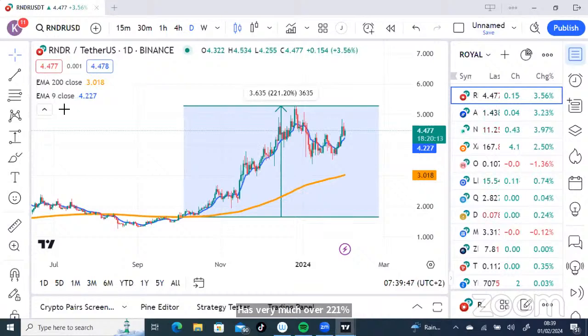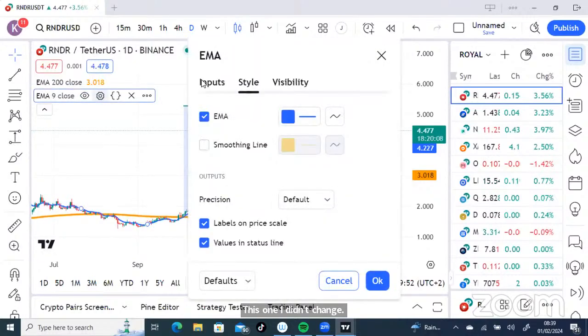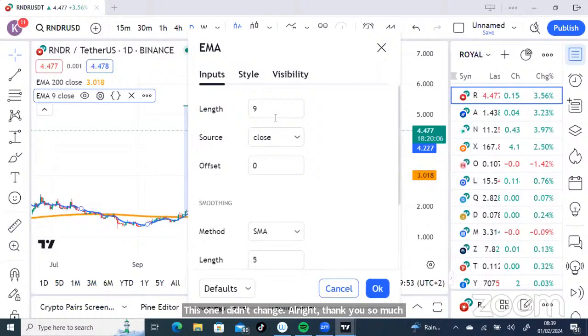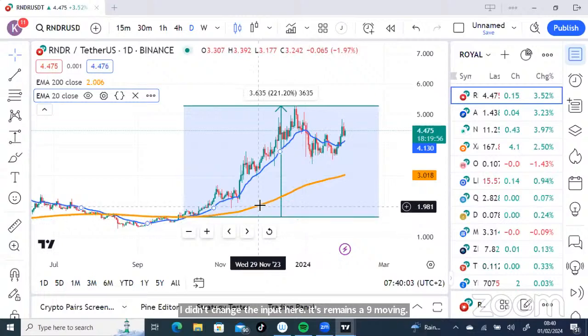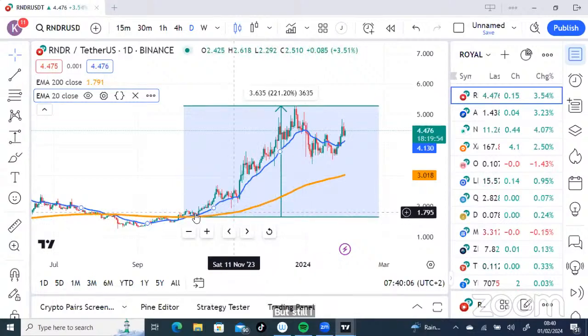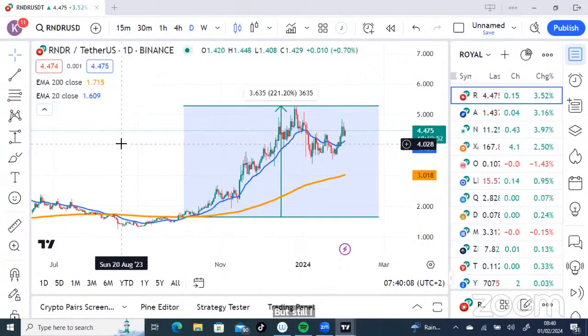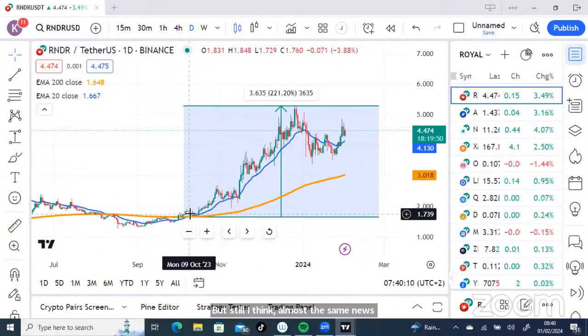This one I didn't change. I didn't change the input here. It remained a 9 moving average, but I want it to go to 20. But still, I think almost the same, from the crossover here.